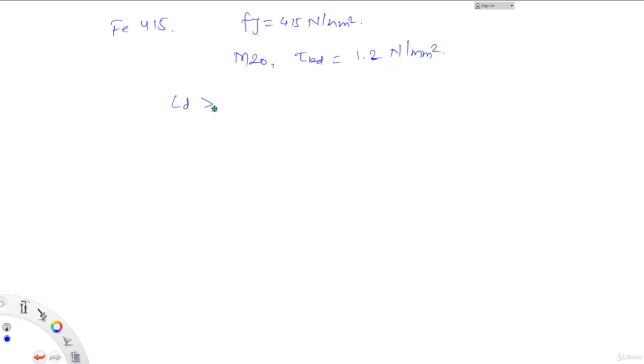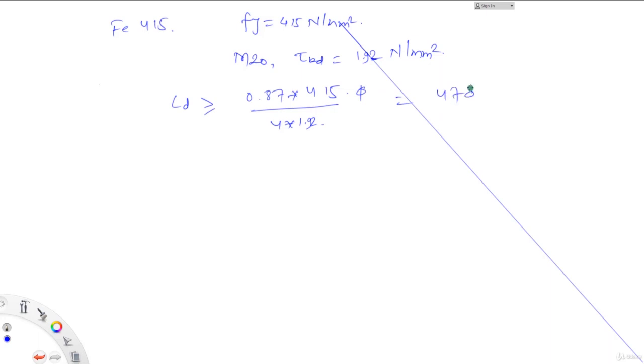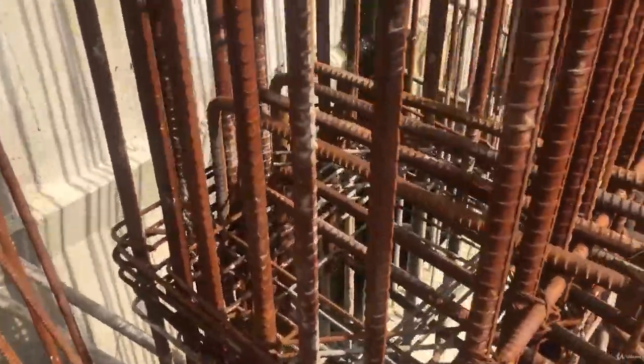LD must be greater than or equal to 0.87 times 415 times phi divided by 4 times 1.92, and this is equal to 47 phi. So if you are using a bar of diameter 12 mm, then LD must be greater than or equal to 47 times 12, and that is equal to 564 mm.